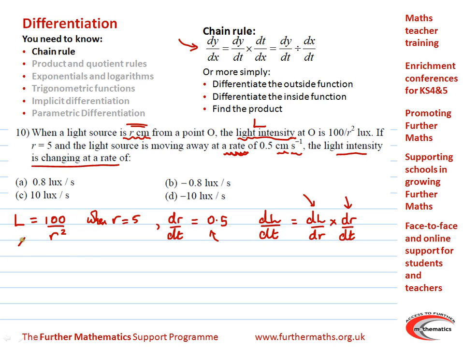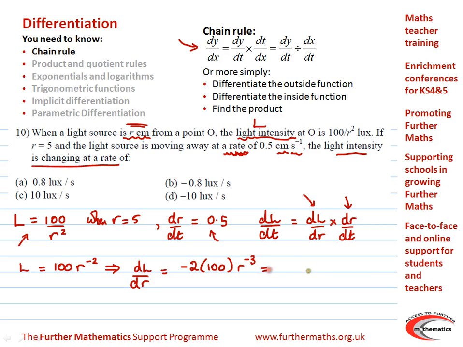Well, we know L in terms of r here, so let's just rewrite that in a form we can differentiate. That's 100 r to the minus 2. That means I can differentiate to get dL/dr. That's going to be minus 2 times 100 r to the minus 3.